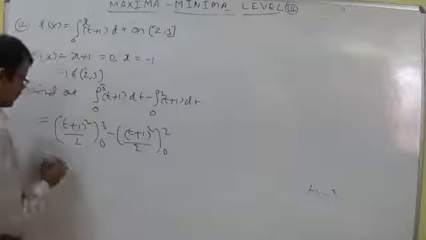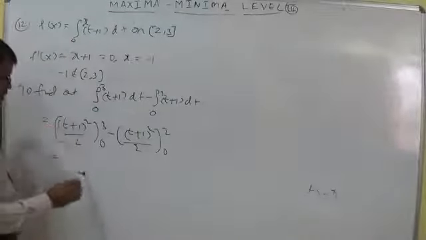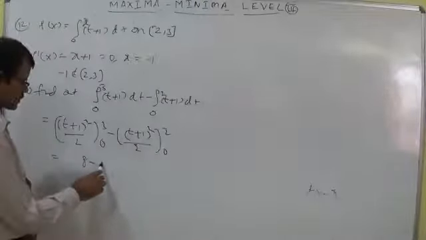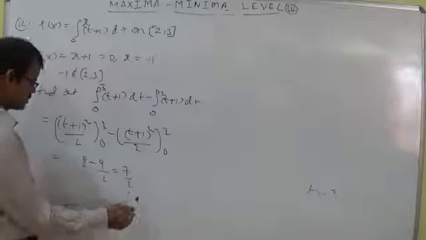Upper limit: 3 plus 1 is 4, whole square 16 by 2, that is 8, minus 2 plus 1 whole square, 9 by 2. Adjusting, 16 minus 9, that is 7 by 2.